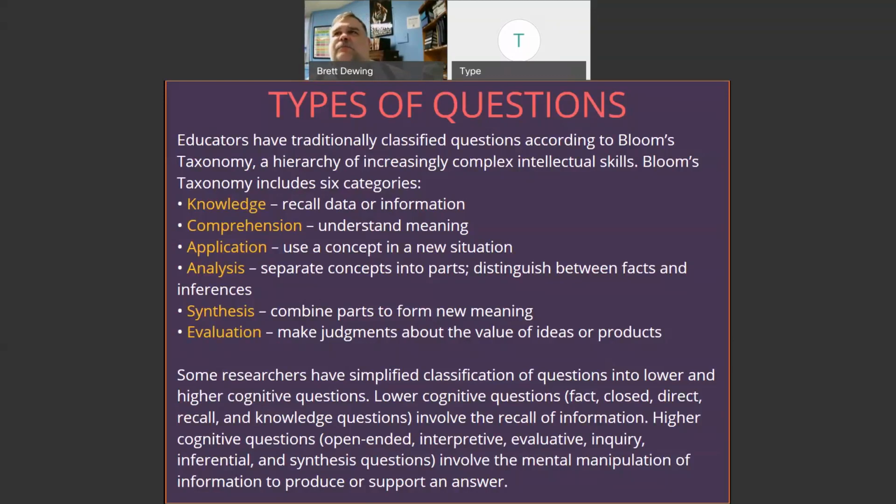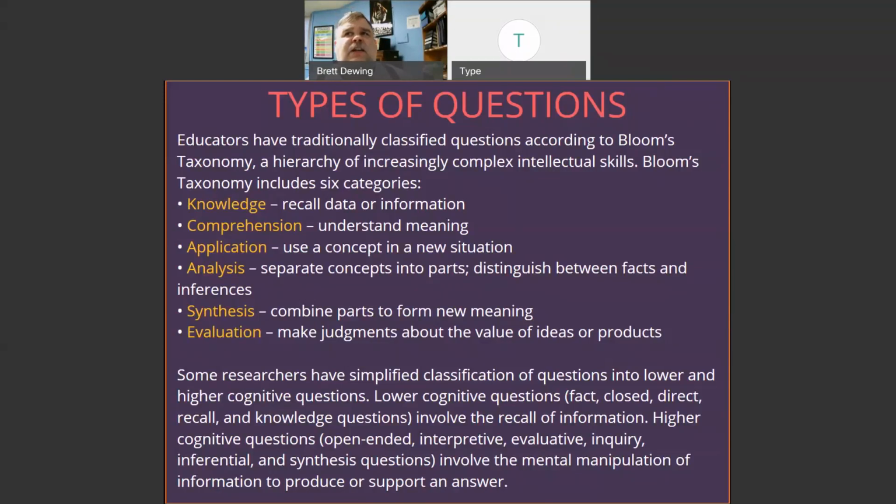That's a hierarchy of increasingly complex intellectual skills. It has 6 categories. We're going to start with the least complex skill up to the most complex. That's the hierarchy of it.